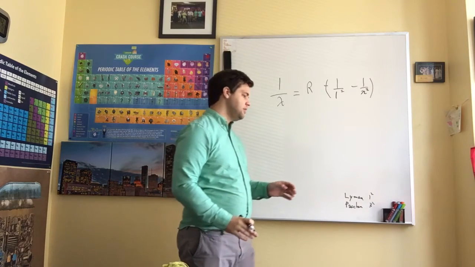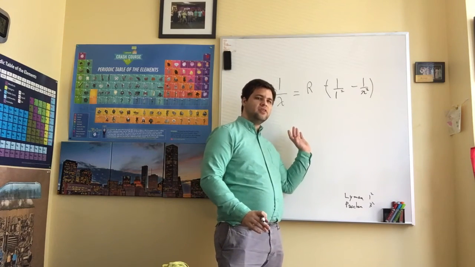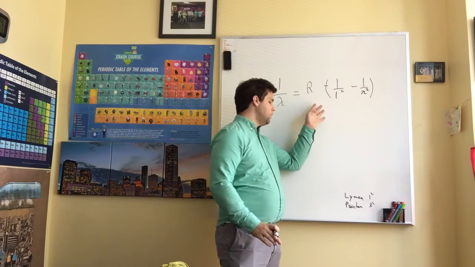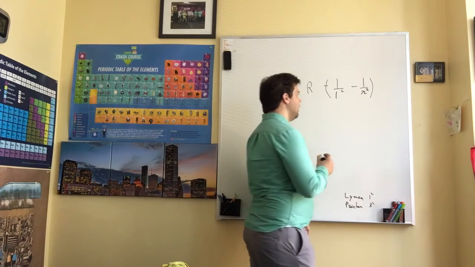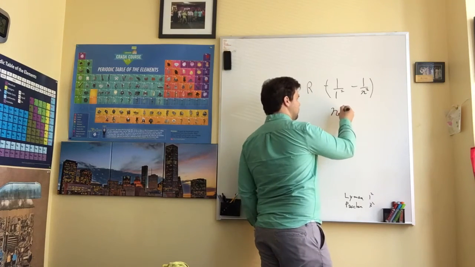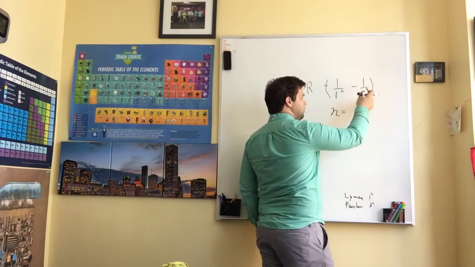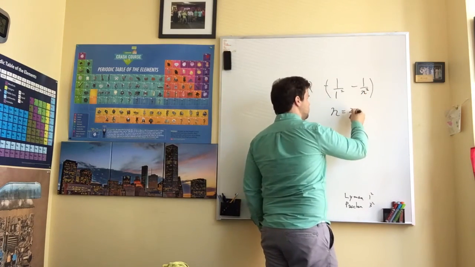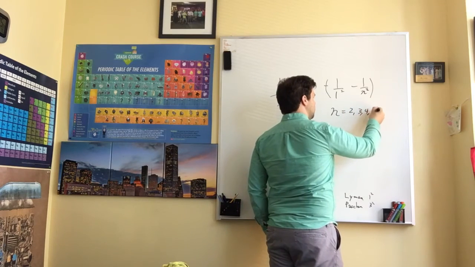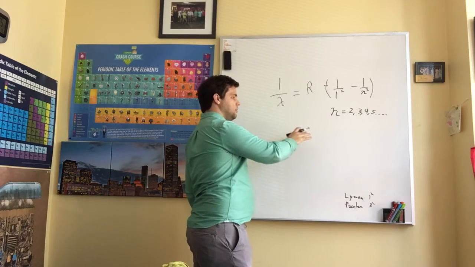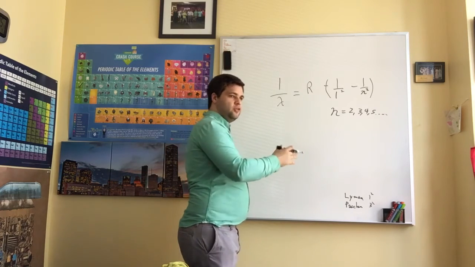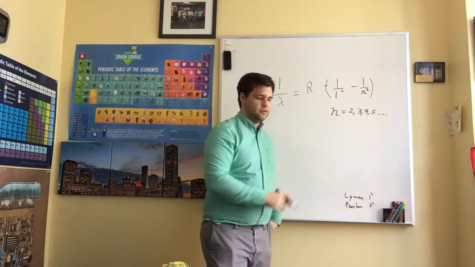Balmer's was in the visible region, whereas Lyman's was in the ultraviolet region. And n behaves a little differently as well, so it's any counting number greater than 1. So 2, 3, 4, 5, and so forth. But the spectral line is very similar to Balmer's, except it's in the UV region.